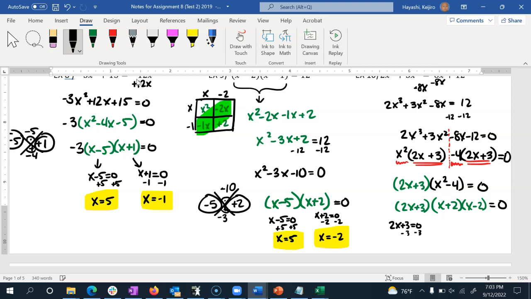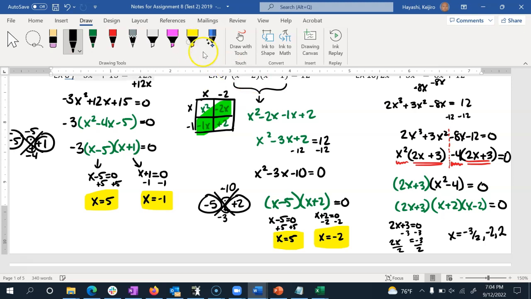Subtract 3, 2x equals negative 3. Divide by 2. So you're going to end up with negative 3 halves as a solution. I'm not going to go through the trouble of setting these other ones equal to 0, but you're going to end up with negative 2 and positive 2 as well.